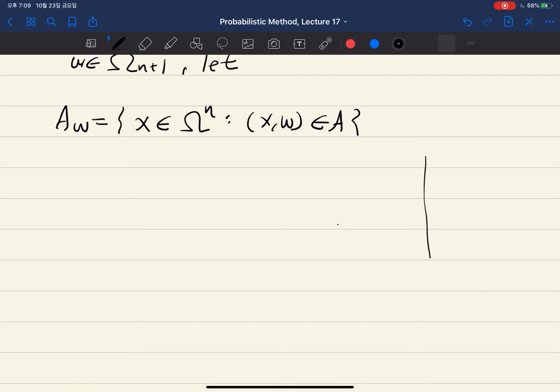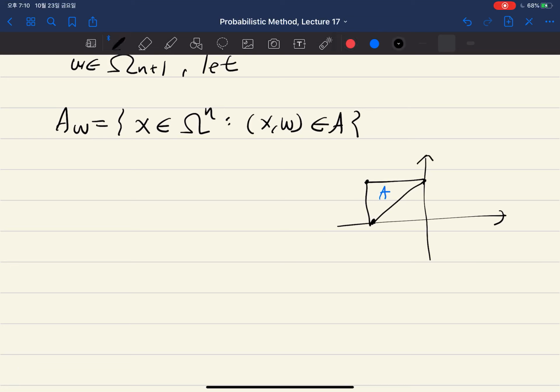So, for example, if you have, say, this is A, and let's say this is the last coordinate, x1, x2, then this is B. Each of them is just, let's assume, in R. If we have a W here, so this is B, you project it to the first n coordinates.